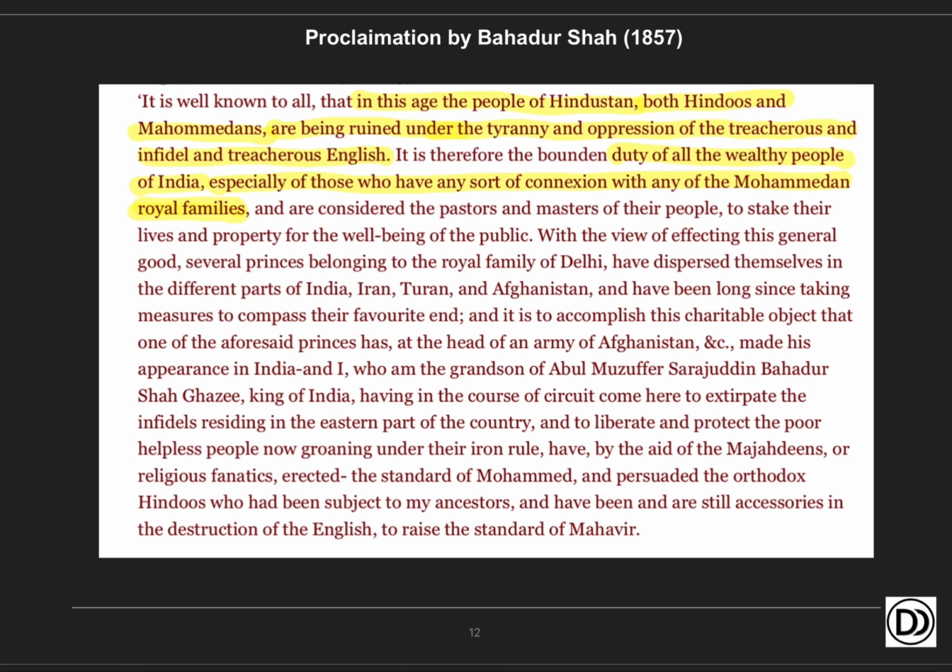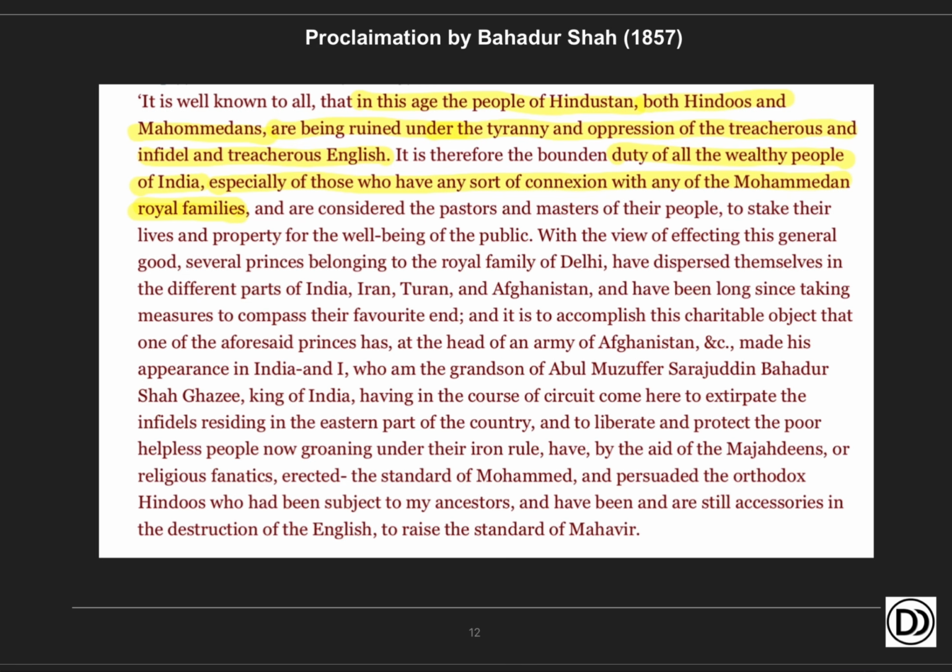Now, at this time, Bahadur Shah Zafar is asking the Muslims from royal families to participate in this war. He is not only asking the royal families, but he is also asking the Hindus.